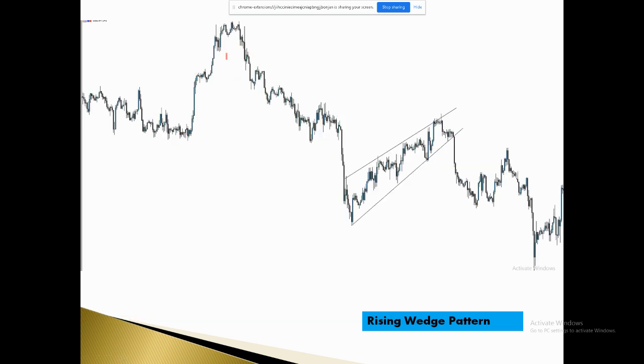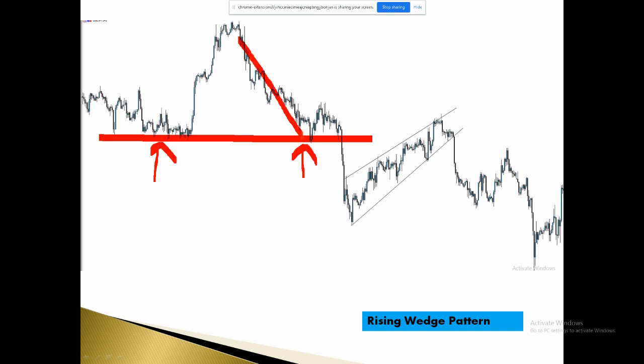Now then, this one is for a rising wedge. So clearly you can see this was the previous level. Do you see this level? This was a support, right? If a support is broken, like we've already broken, this is your first clue that price will continue going down. So this is your first potential lower low.